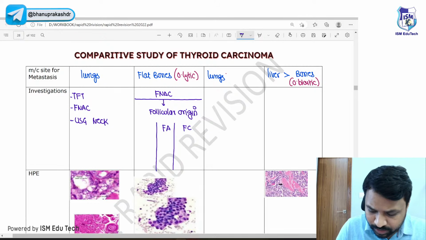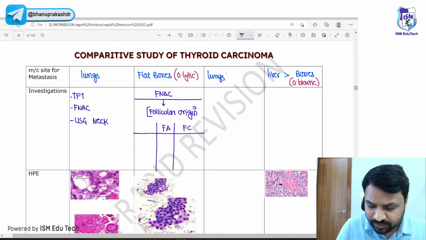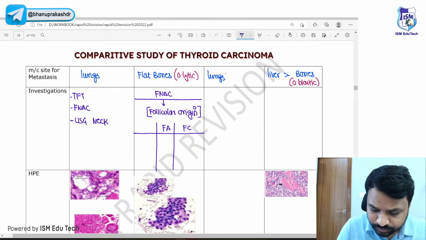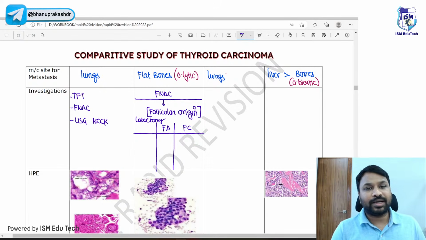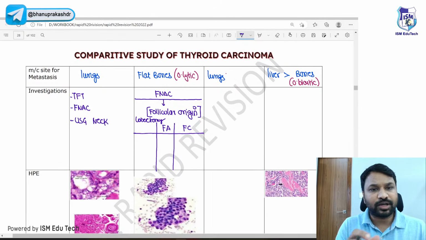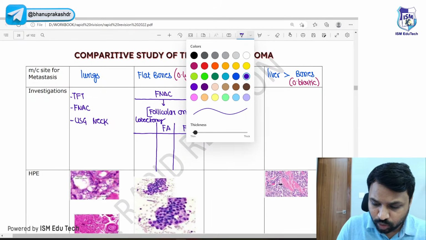So what they do is they are going to perform lobectomy, right? So whenever they get the follicular origin, they will perform lobectomy. In the lobectomy, we will see the status of follicular adenoma and carcinoma based upon two important aspects.